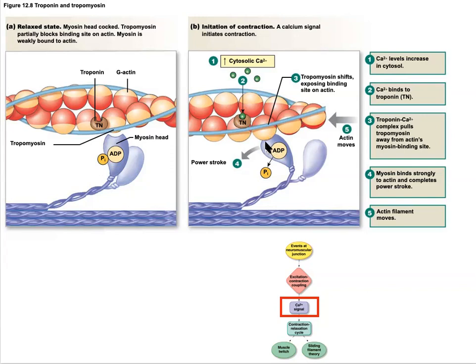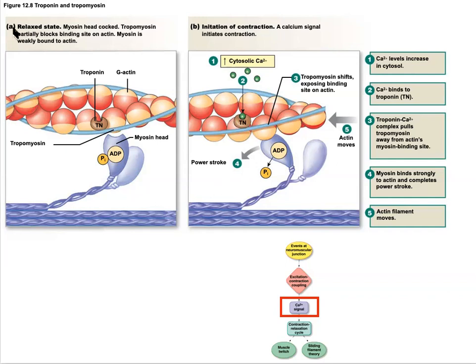So now actin and myosin are able to form a strong connection and interact. Then the power stroke happens, something we'll talk more about in the next phase, the contraction relaxation phase. That's the last phase of muscle contraction.